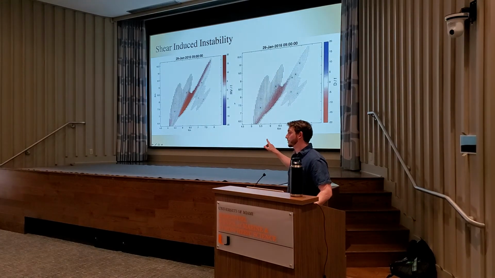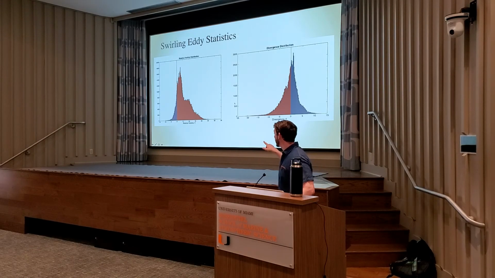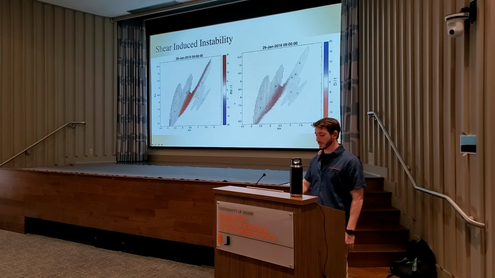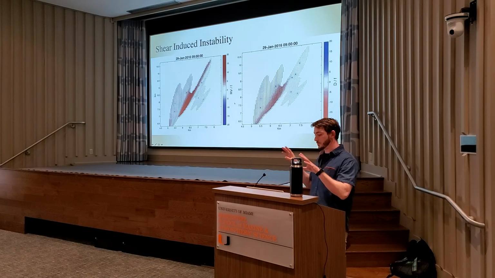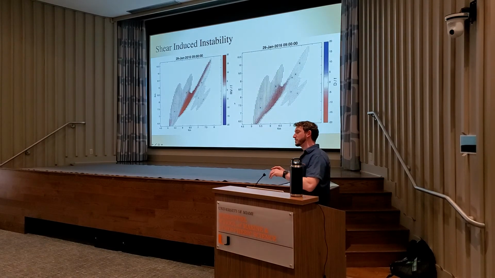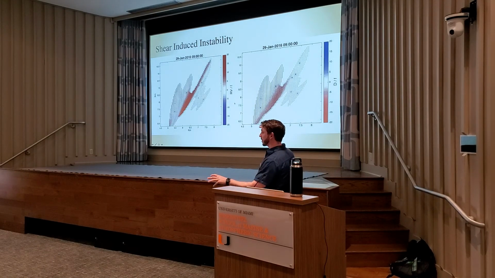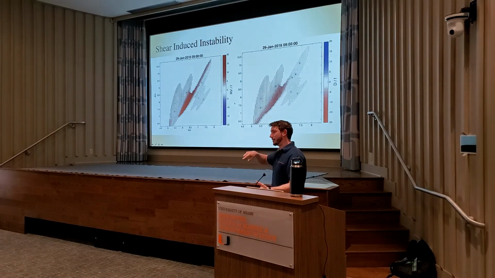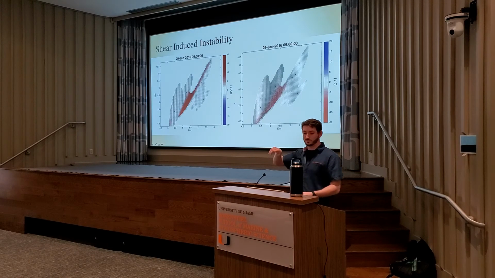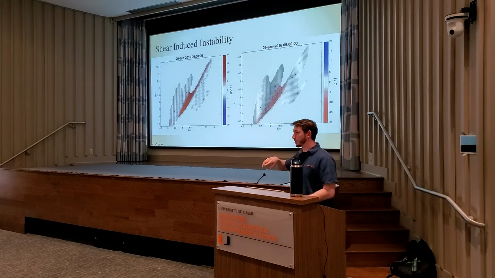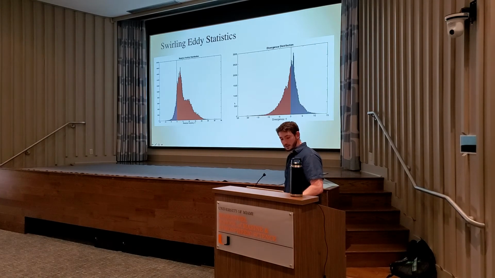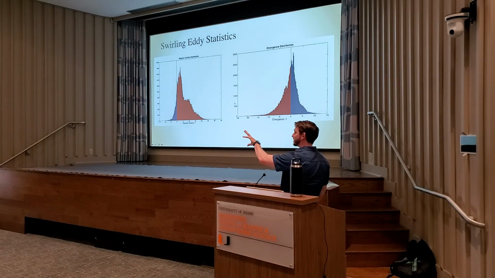The next one is for the entire animation here. So all the points you saw through that animation are there. I think the bimodality you're seeing is the front lining up, and then as that swirling eddy starts to form is when you get the left side of that distribution.